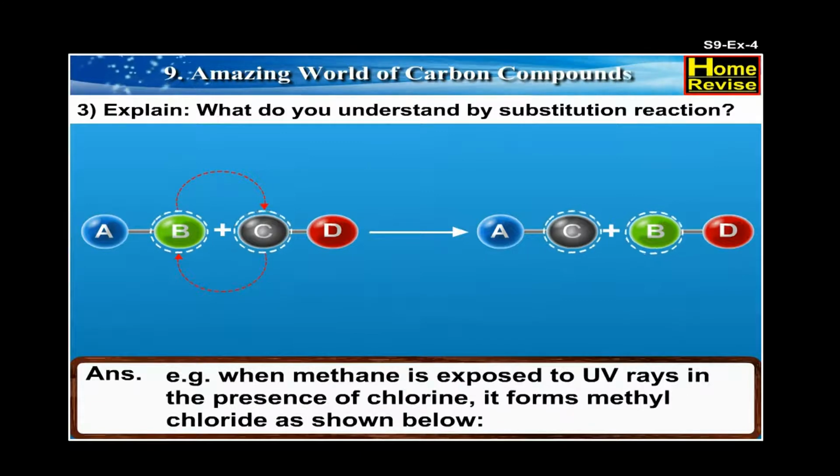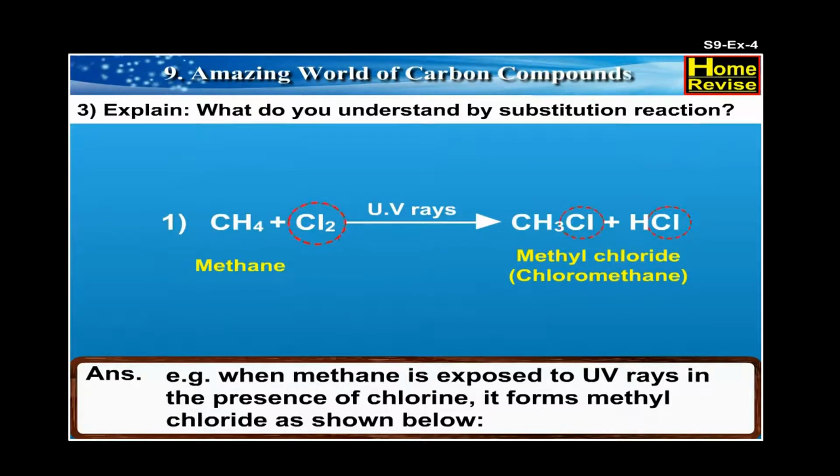For example, when methane is exposed to UV rays, that is ultraviolet rays, in the presence of chlorine, it forms methyl chloride as shown below. CH4 plus Cl2 when exposed to ultraviolet rays gives CH3Cl plus HCl.